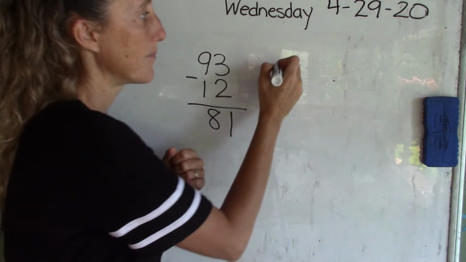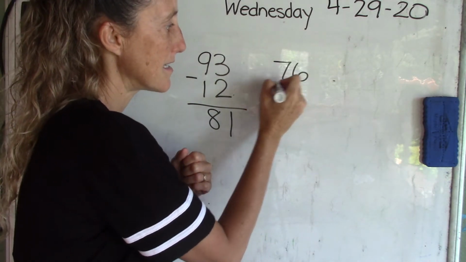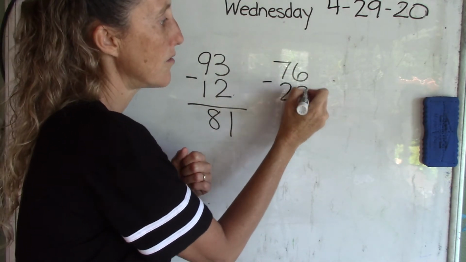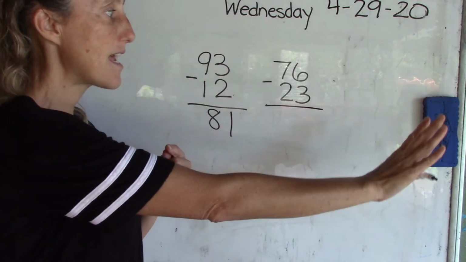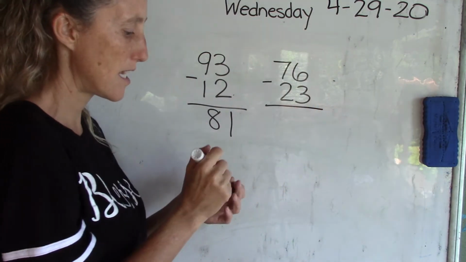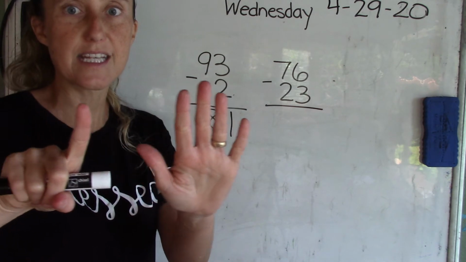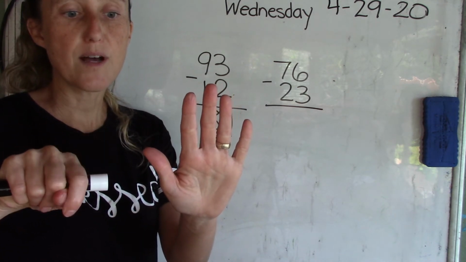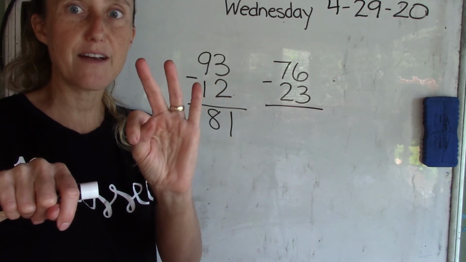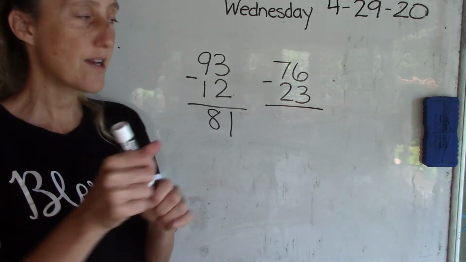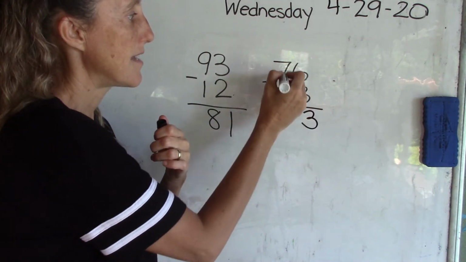Let's do another one. What if I have 76 take away 23? Always start on the right hand side. So 6 take away 3. If I have 6 and I take away 1, 2, 3, how many do I have left? 3. And 7 take away 2.